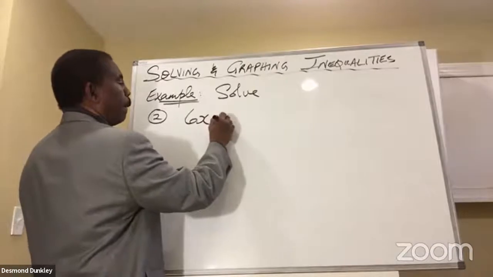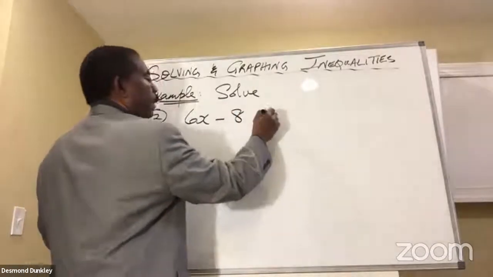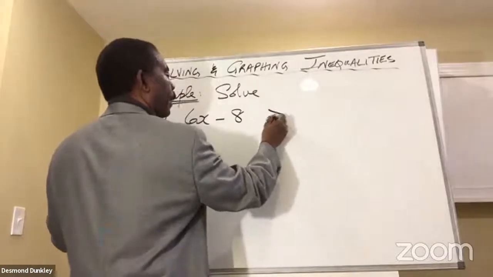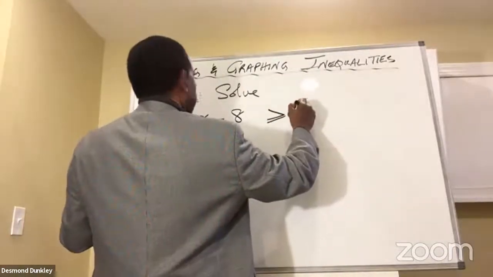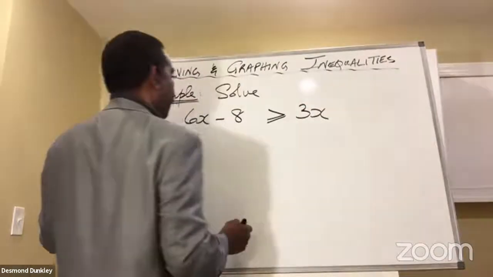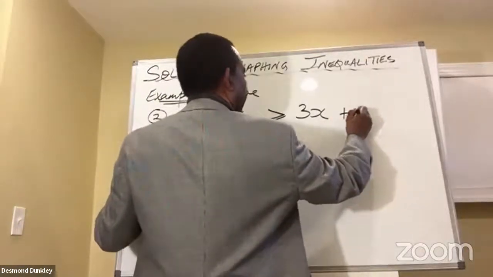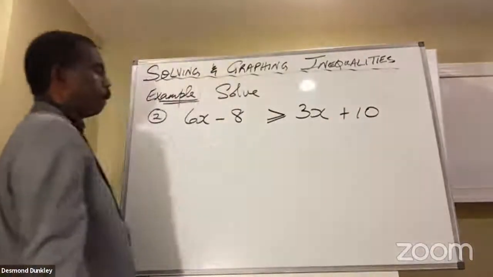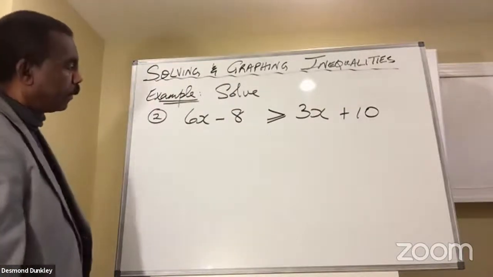6x minus 5 minus 8 is greater than or equal to 3x plus 10. Okay, let's go.